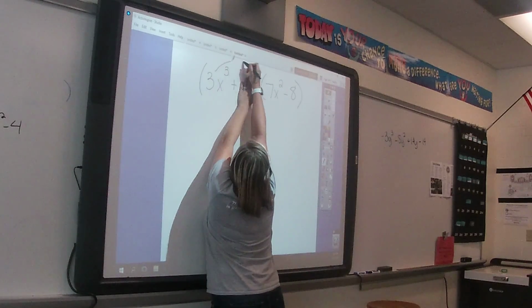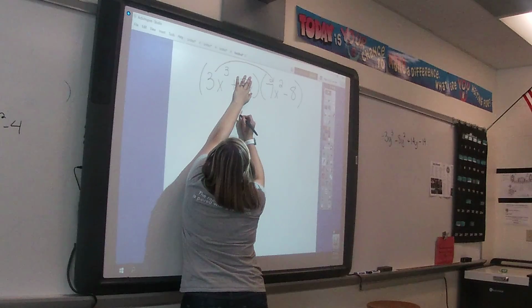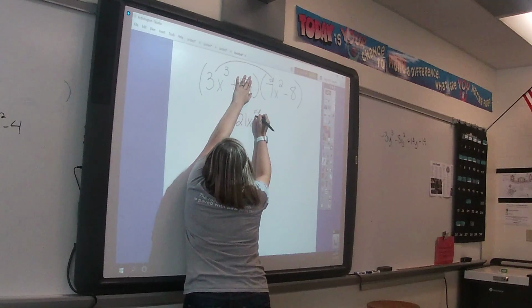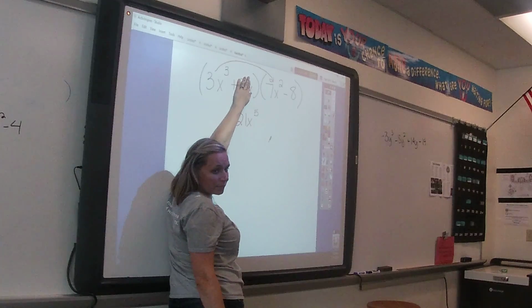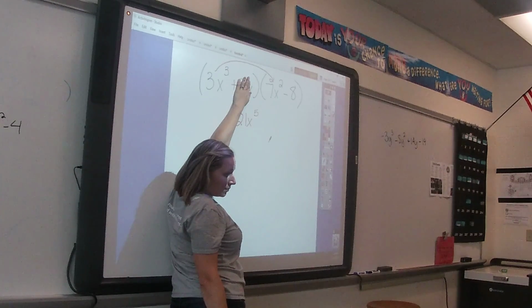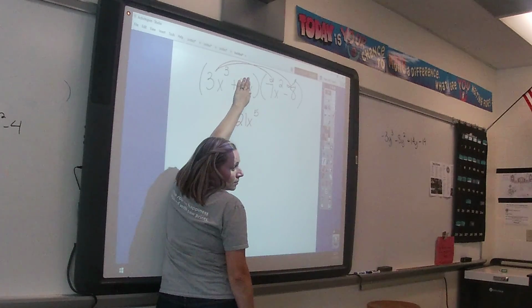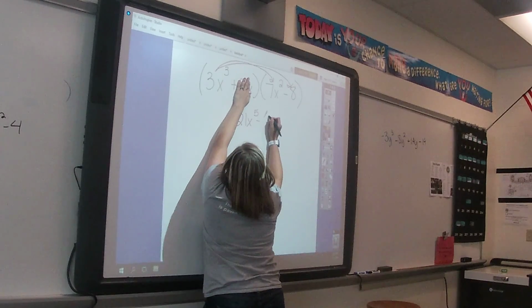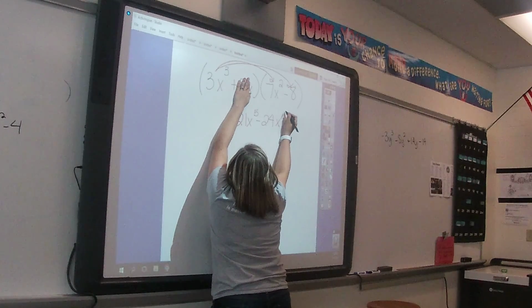Okay, so 3x to the third times 7x squared gives us what? 21x to the fifth. Then we're gonna go to the next one. Negative 24x to the third.